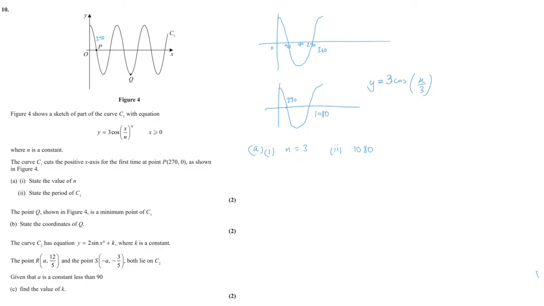Now for part B, we've got to work out the coordinates of Q. Well, there's obviously going to be a -3 for the y coordinate, because it's got 3 in front, which means that instead of between -1 and 1, it's between -3 and 3. So that's going to be -3, but we need to find the x value in degrees.